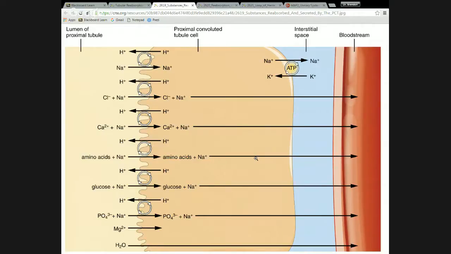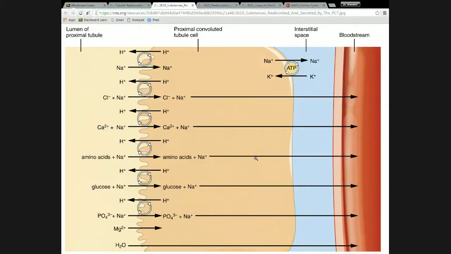It's an almost universal molecule for cells. There are all sorts of things that cells do that require building up a concentration gradient for sodium. By pumping sodium out of the cell, the concentration of sodium inside the cell is pretty low. And so sodium that has been filtered into the filtrate gets reabsorbed because of that concentration gradient.